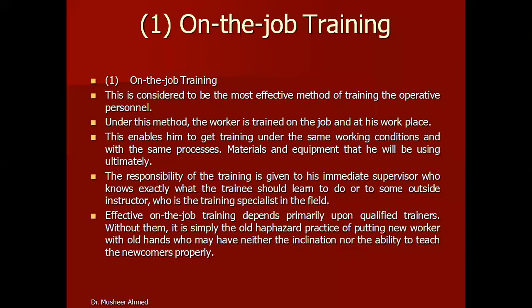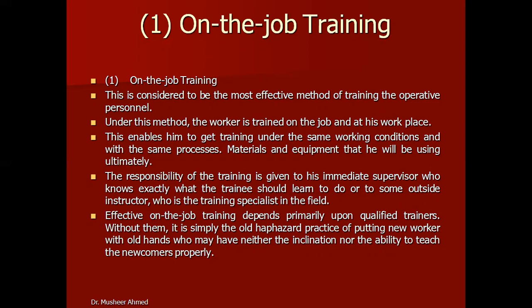Under the on the job training method, the worker is trained on the job, that is, he is working on his job at his workplace, and he is getting trained. He is getting trained by way of doing his job itself, right? It enables him to get training under the same working environment, same tools, equipment, materials, etc., right?